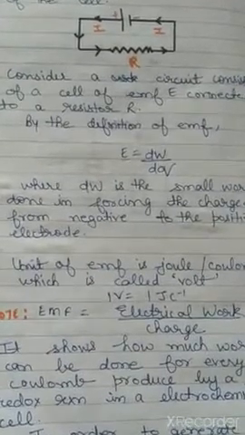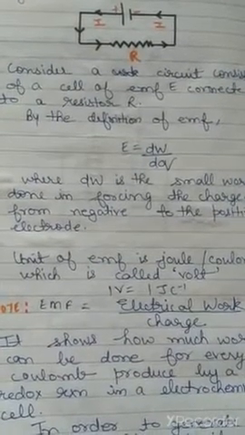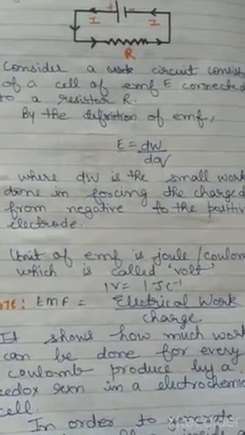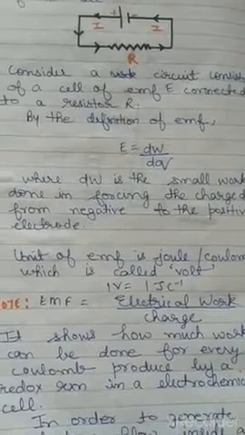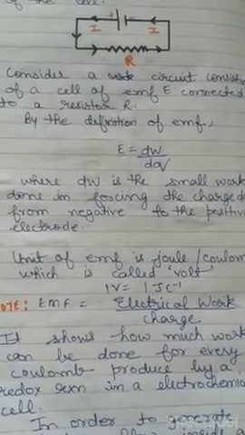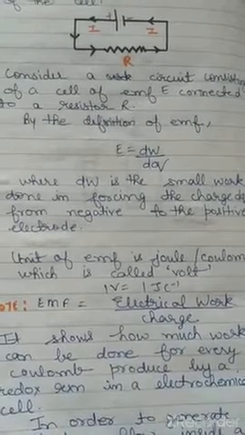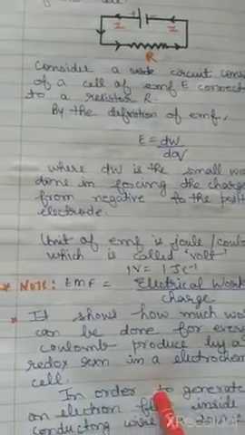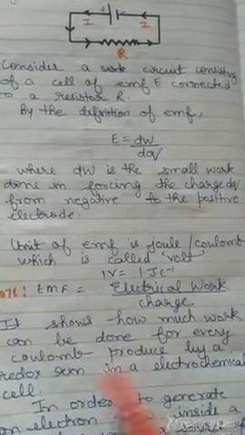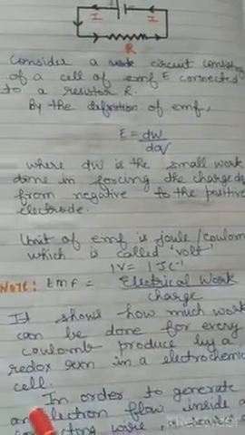I hope you all know that it is equal to 6.25 into 10 raised to the power 18. That means this many electrons are contained in 1 coulomb of charge. So you can think that when 1 coulomb of charge moves, how much work is done. EMF indicates how much work can be done for every coulomb produced by a redox reaction in an electrochemical cell.